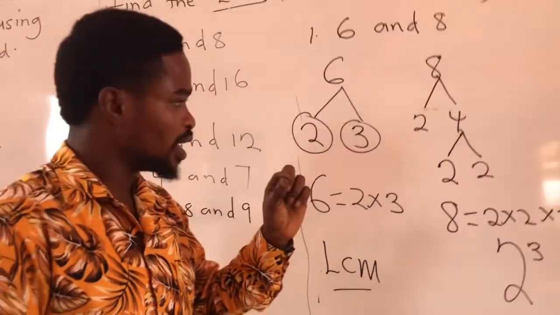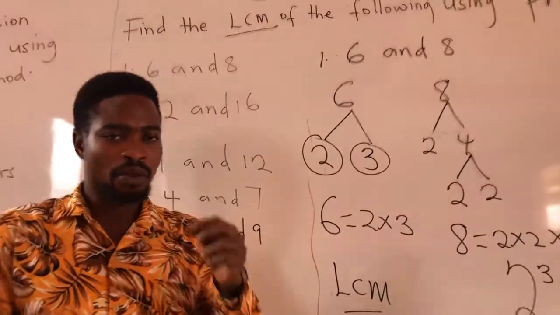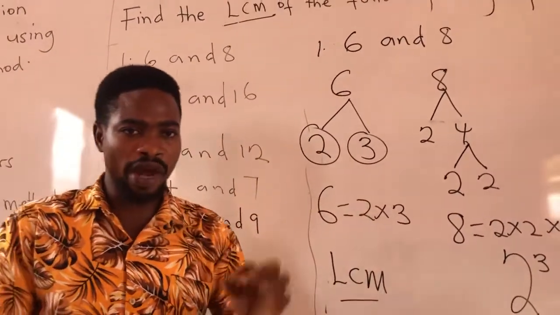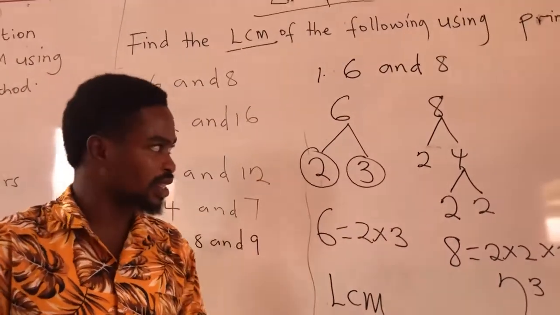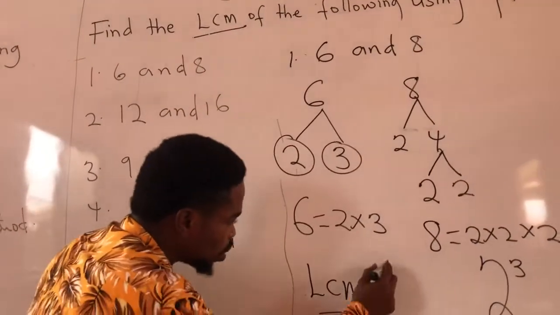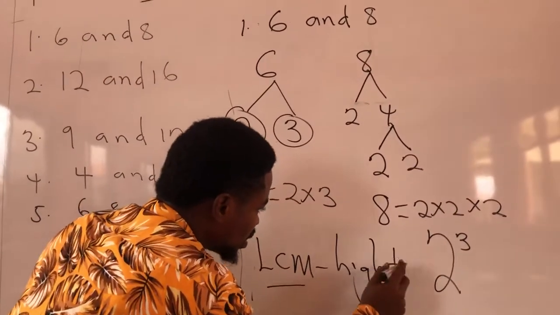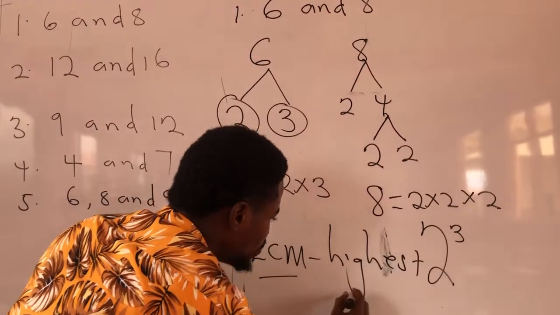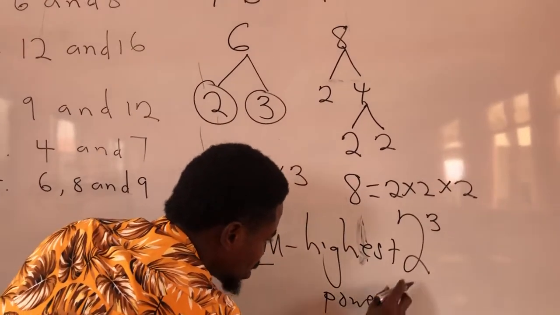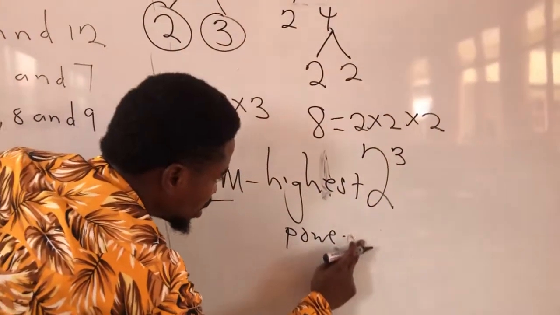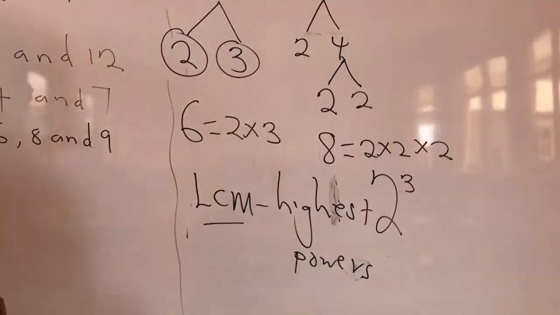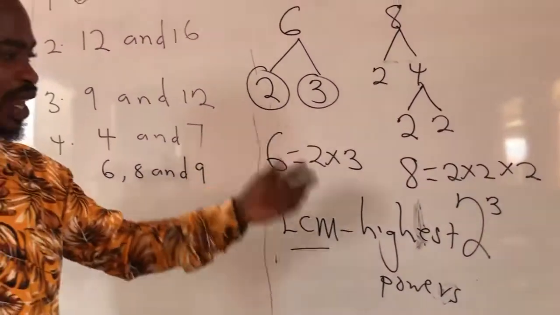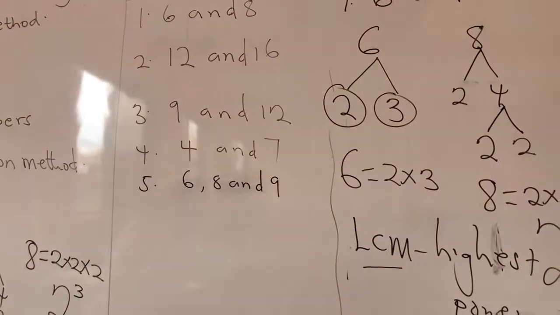Remember, in HCF, we look at the lowest powers of each common factor. But in LCM, we look at what? The highest powers of each common factor and other factors. So what are we doing here in this case?